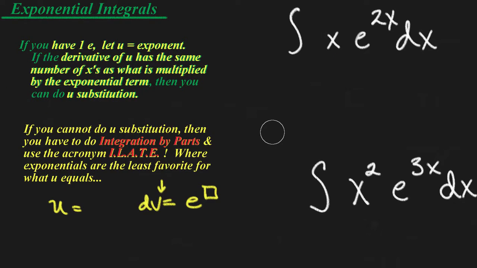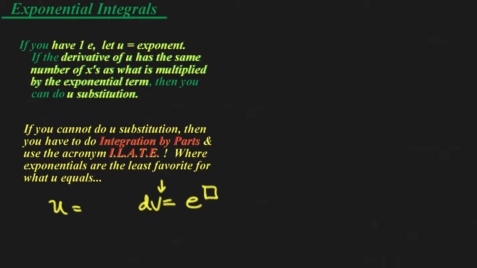Same thing here. In these scenarios, either way you slice it, you can't take the derivative of the exponent here and get that. Alright? So what you got to do is integration by parts. Now keep in mind that there are shortcuts that you should remember how to do in integration by parts.